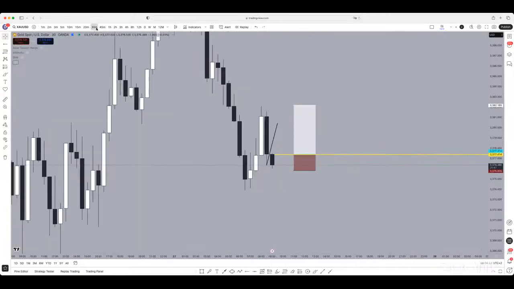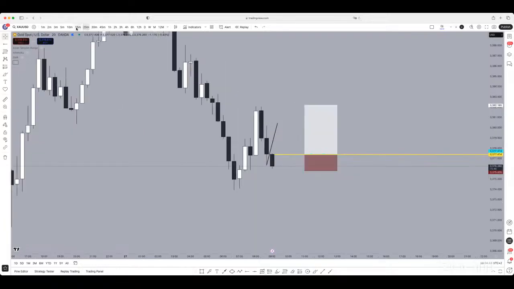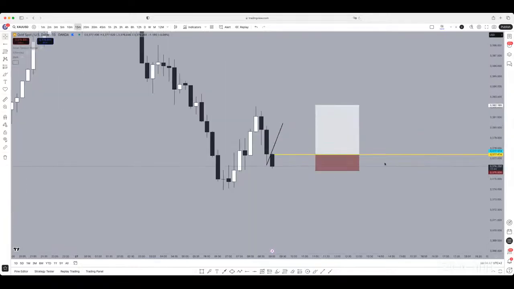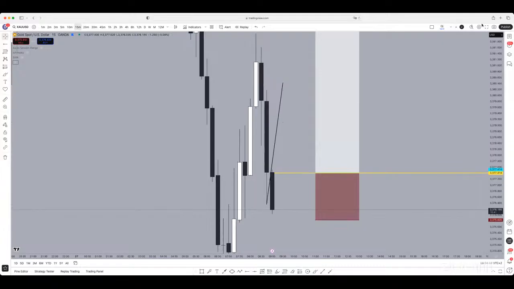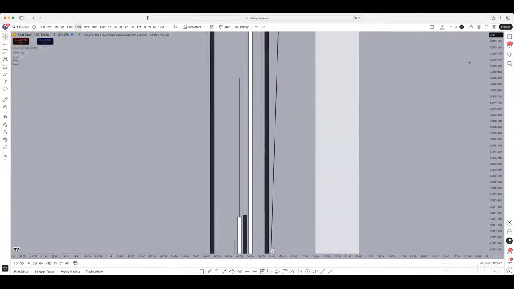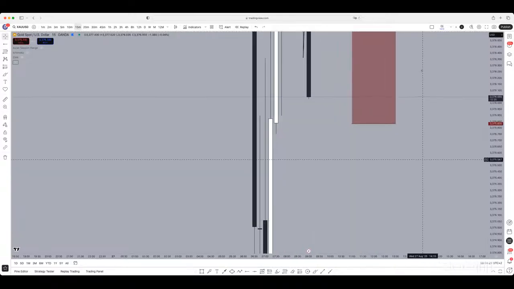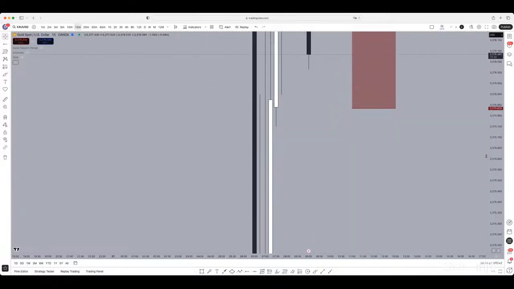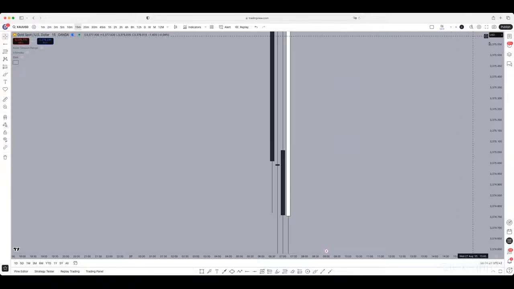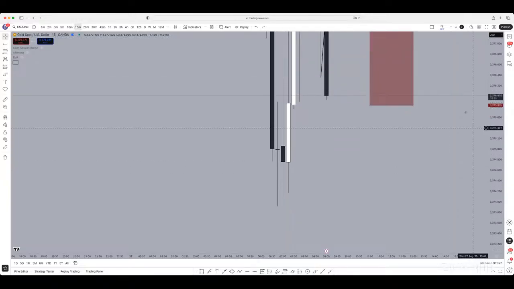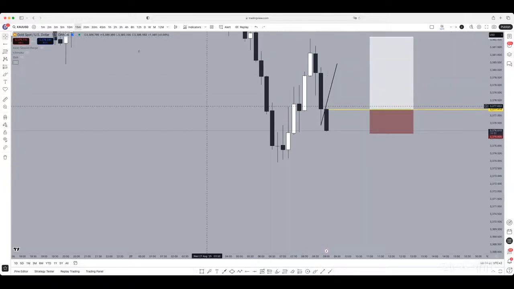45, 30, 20, 15. Would that be the area? I don't know if that's a white candle or not. Let me see. I don't know if that's a white candle down there. I think it's a black candle then. Yeah, it's a black candle, so that's not valid for me. Let's see. 5, 10.